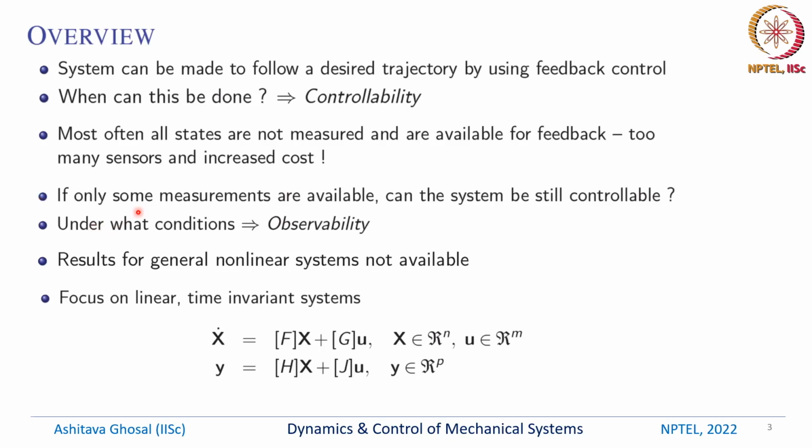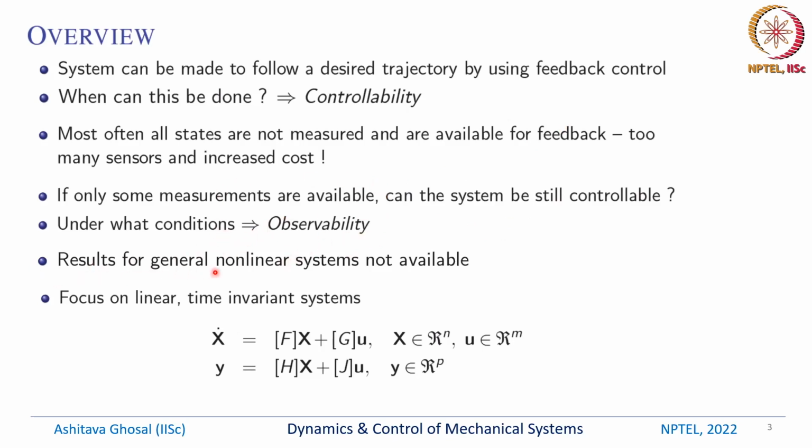The conditions under which a smaller set of p measurements, where n is the dimension of the state space and p is the number of measurements that you are doing, is the topic of observability. So under what conditions can we get away with making fewer measurements and still do feedback control and achieve the goals of control? That is the topic of observability.